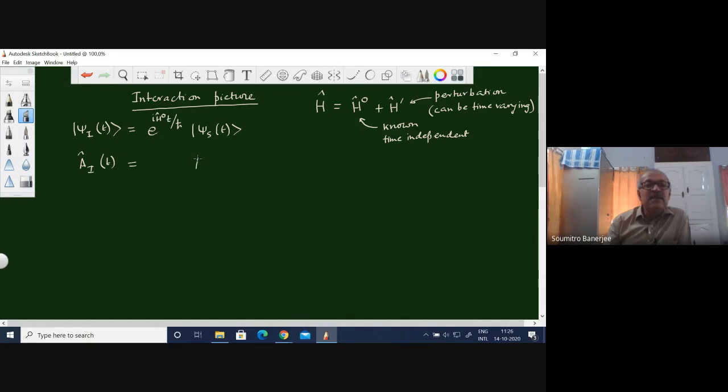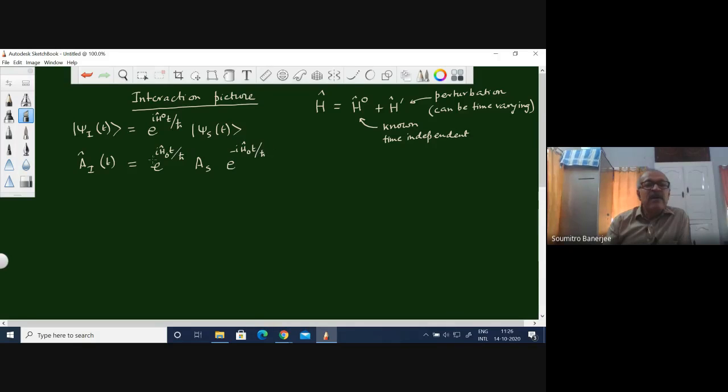So it is A_S bracketed by U dagger and U, and this U dagger and U will be written as e to the power i H naught t by h cross, and e to the power minus i H naught t by h cross.